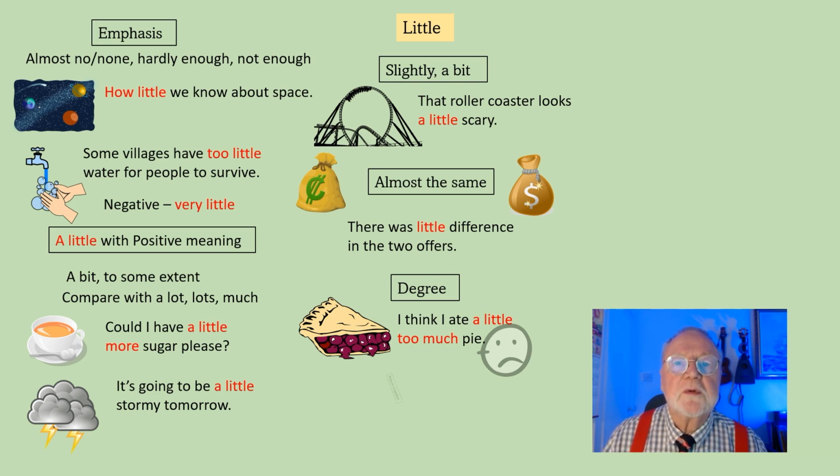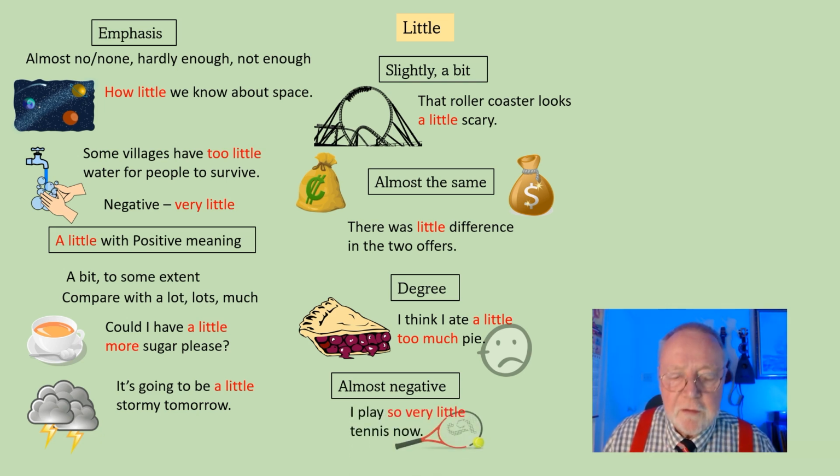And here's an example of little on its own being almost negative. I play so very little tennis now, and I've stressed that by putting so very in front of little. If you can remember to do this in your written exams, you will get very, very good marks.